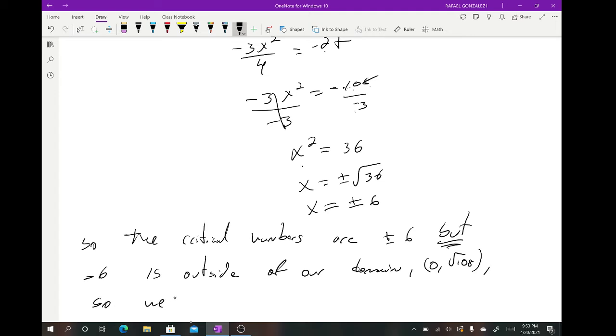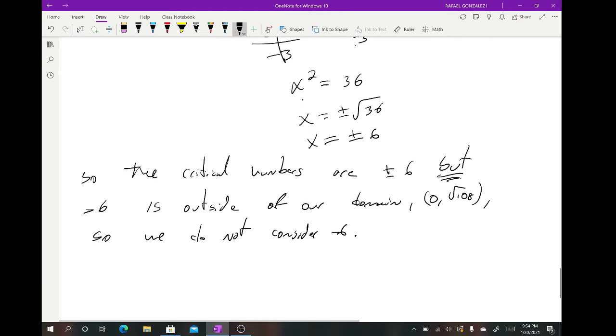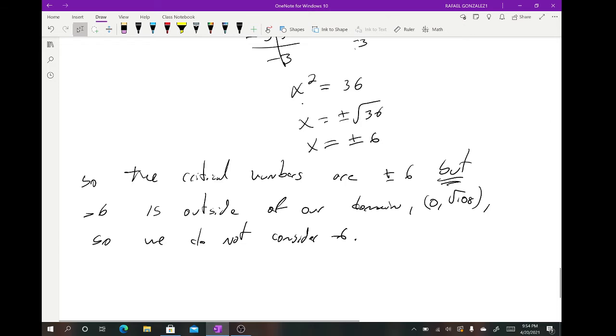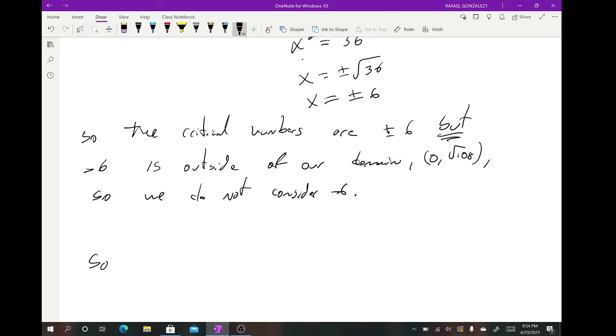So we do not consider negative 6. Now, we have that V, the volume, is a maximum when x is equal to 6. So V is maximized when x is equal to 6.